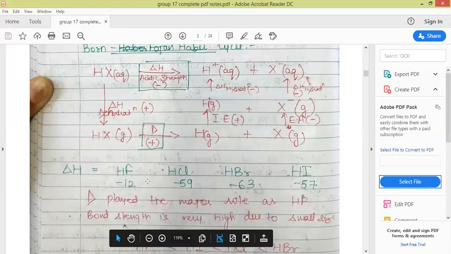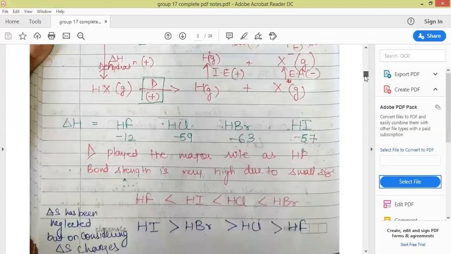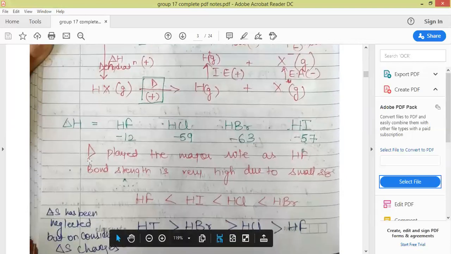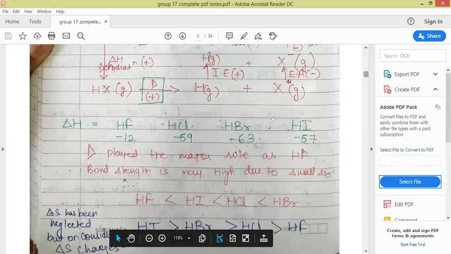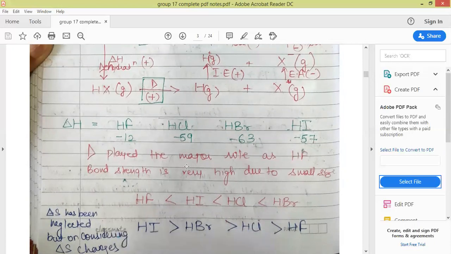in comparison to HF. But if we see HCl and HBr, the order is not the same as the actual order. Here, for the consideration of delta H values, one thing we have to see is that the major role for the lower acidic strength of HF was played by the dissociation energy.